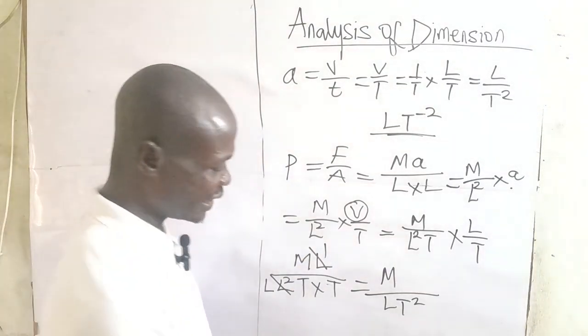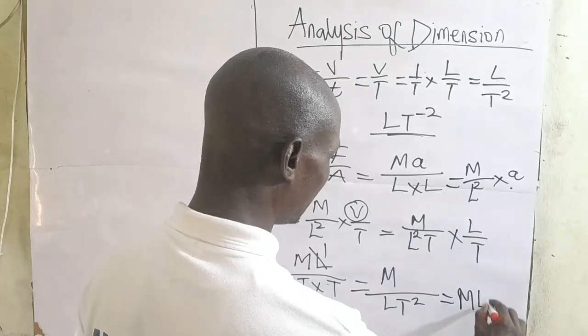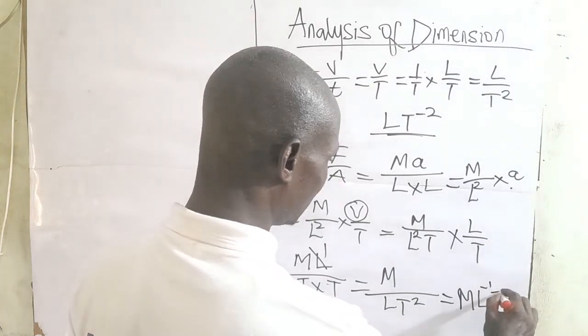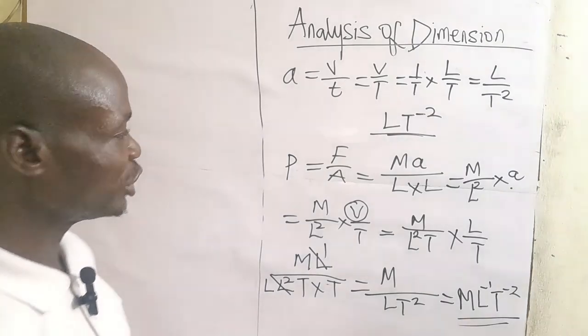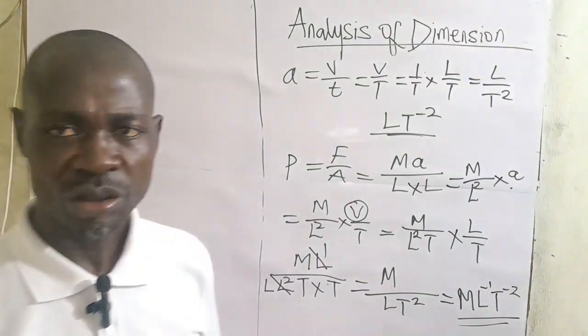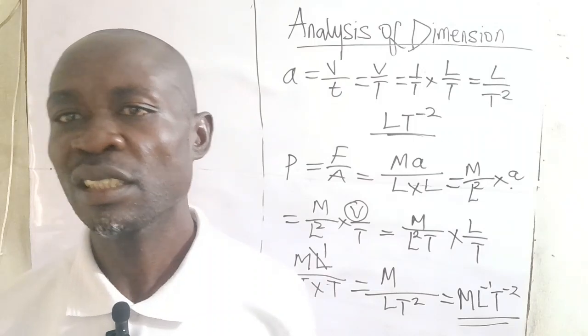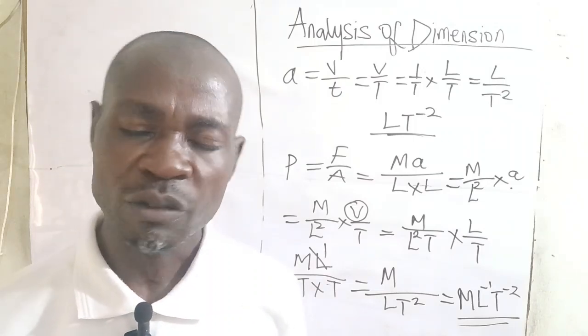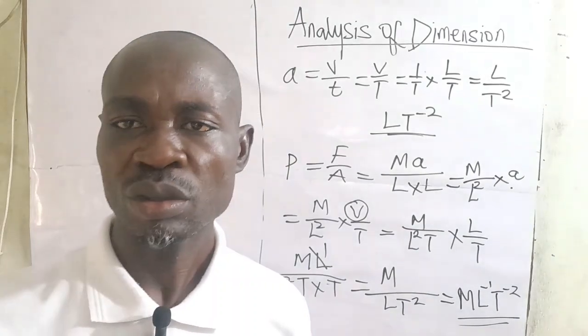Then taking the indices rule again, I have M L raised to power minus 1 T raised to power minus 2. And this is the dimension for pressure. So it is very important you understand these definitions of the derived quantities, so you can easily analyze whatever quantity you want to do. Thanks.